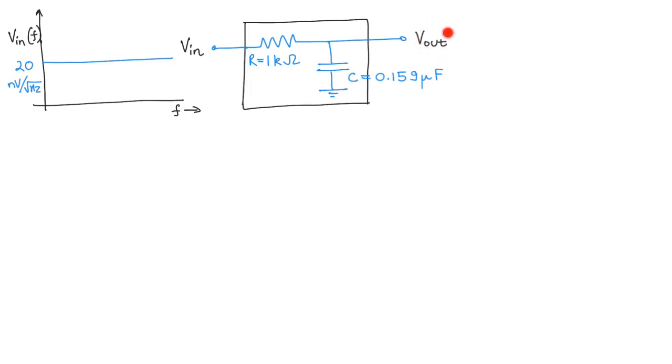And what we want to see is what do we get at the output, or more specifically what we want to find out is the RMS voltage of the noise at the output. Okay, V out RMS. So the basic idea here is that this noise is going to be filtered by this first order filter, right?